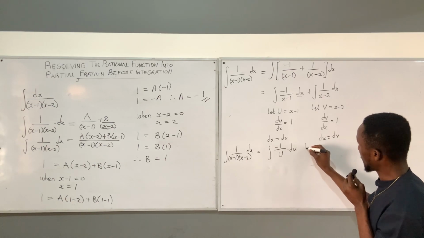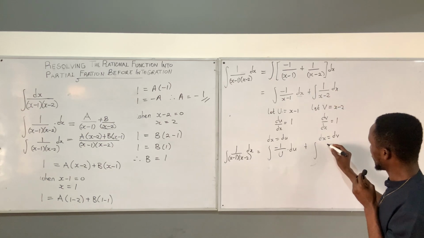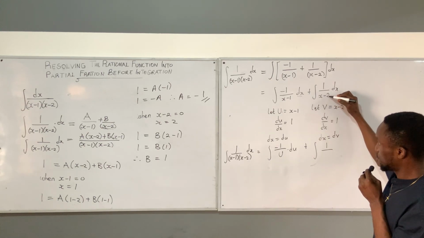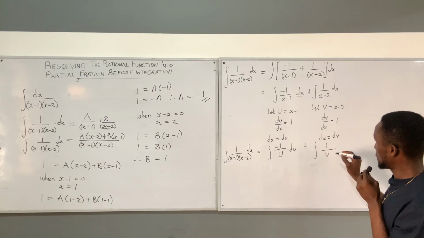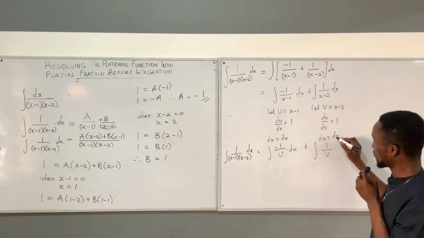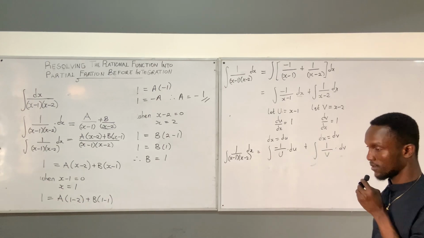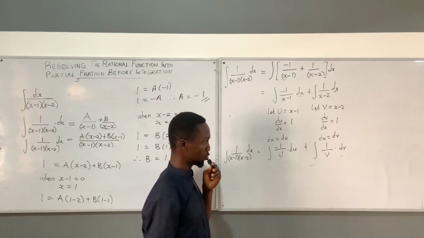Okay? Plus, then we move here. Integral of 1 over x minus 2, which represents the variable v, times dx here, which represents what? The dv. dx is equal to dv, so I'll put my dv here. Now when I get here, it is easy for me to solve.